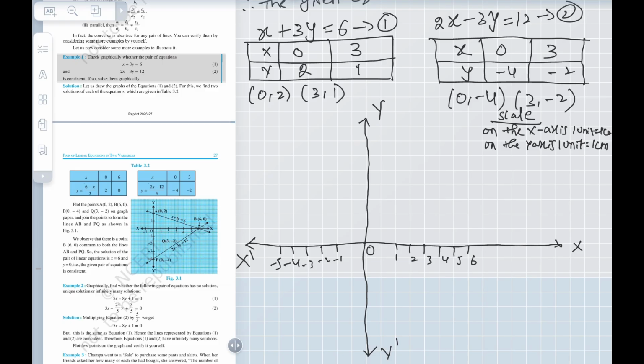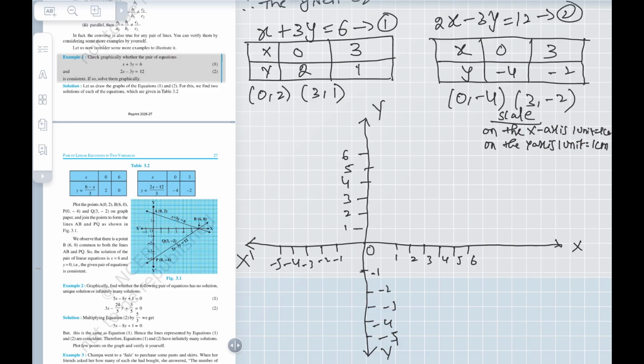And now come here, same, I take here 1, 2, 3, 4, 5, 6. So come down here, you can take minus 1, minus 2, minus 3, minus 4. Now let us plot the points.